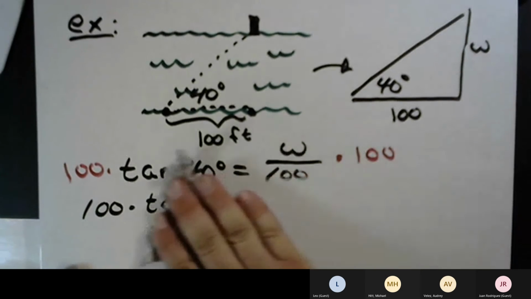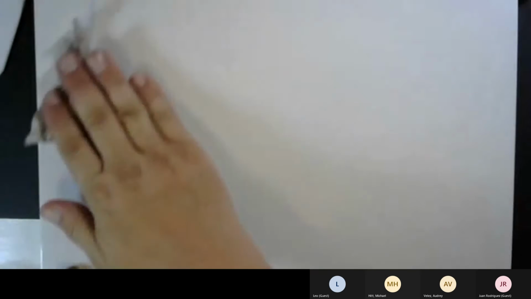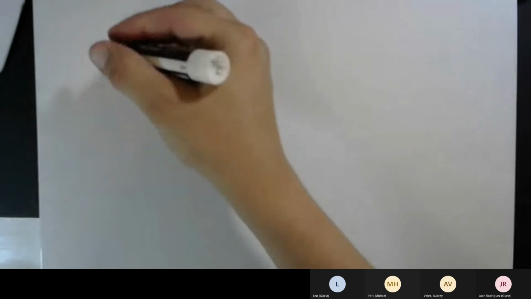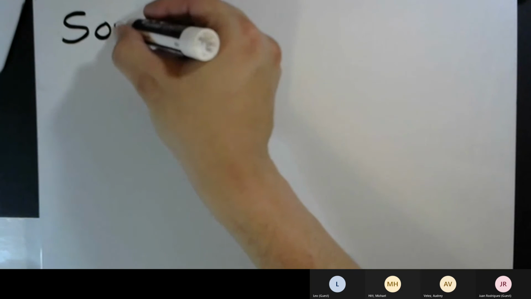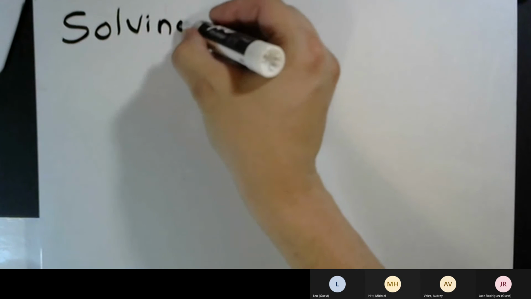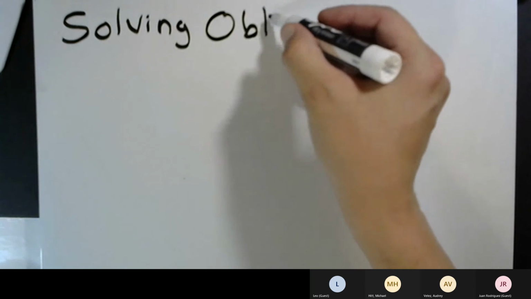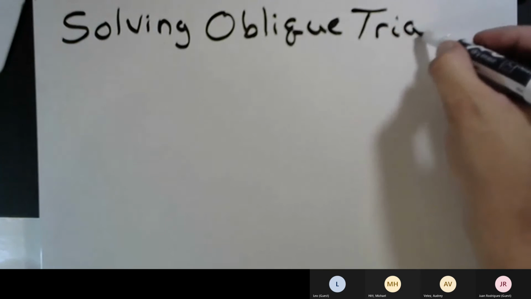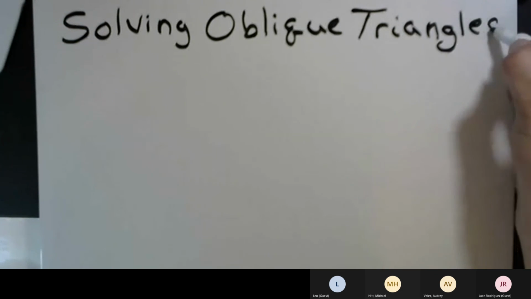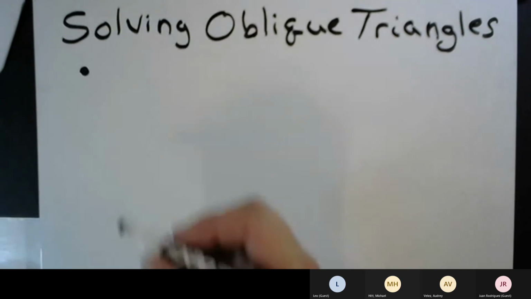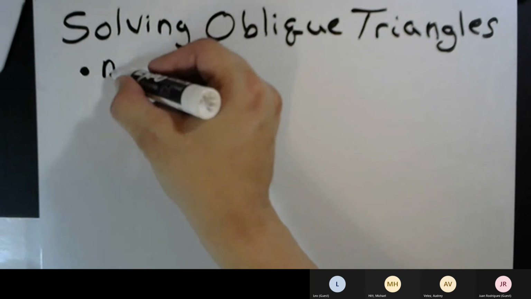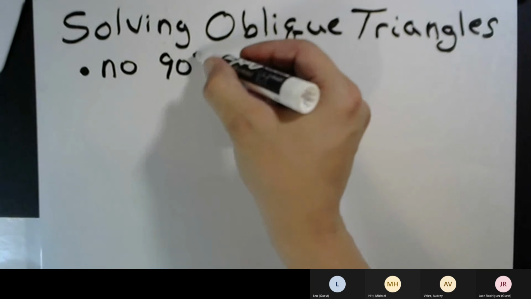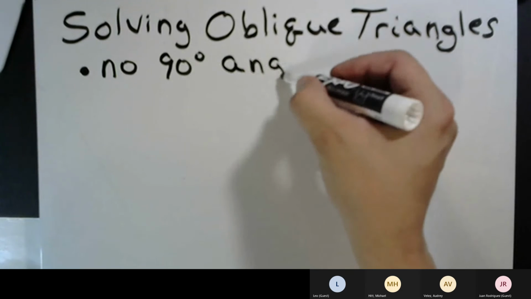All right. So the last section that we're going to look at, we're getting into oblique triangles. And the key thing with these is they're triangles with no 90-degree angle.